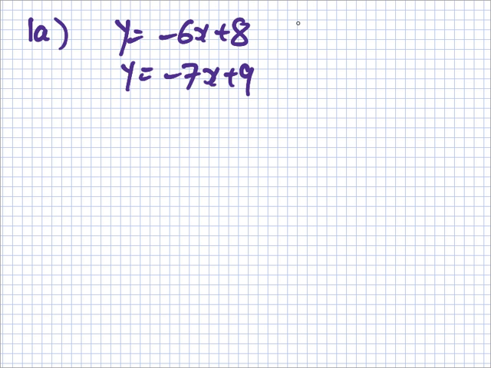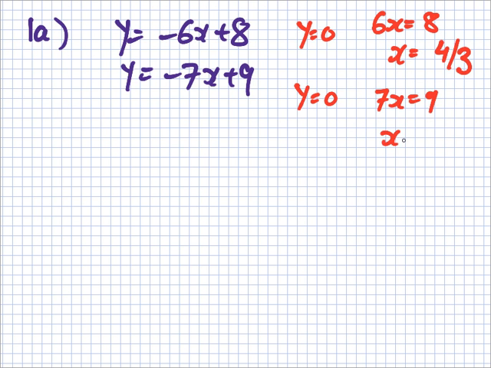So, if I say y equals 0 here, I think you can see 6x equals 8. So x equals 8 over 6, which is 4 over 3. And likewise here, if I make y 0, I'll get 7x equals 9. So x equals 9 over 7. So, let's try and make the graph here. But now I really have to try and be neat. So I'll do my best.